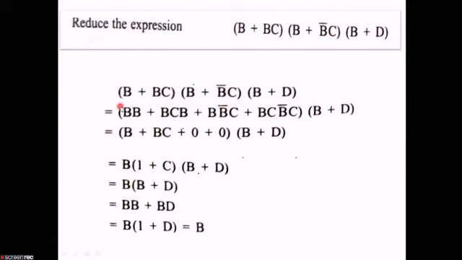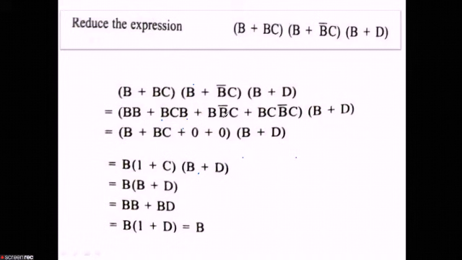Now what we will be doing, we will be multiplying the first two terms, that is B plus BC, with B plus B bar C. Multiplying it, we are getting BB plus BCB plus B dot B bar C plus B dot C dot B bar C, into B plus D. Now here, B and B we can write as B, and BC.